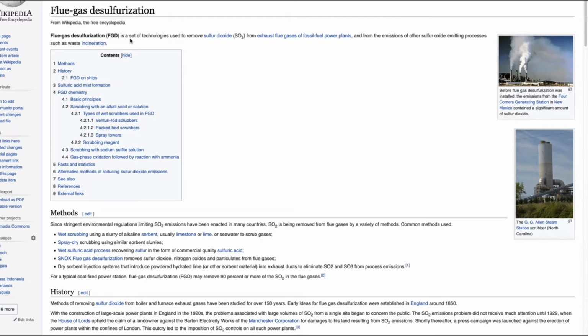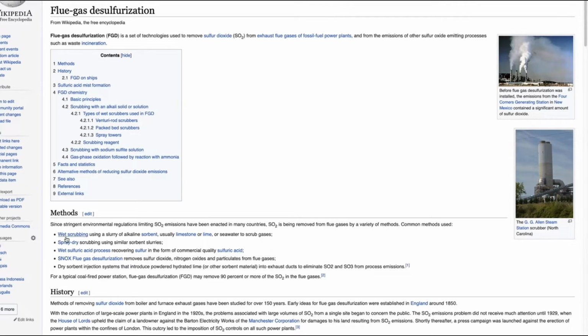Flue gas desulfurization is a set of technologies used to remove sulfur dioxide, SO2, from exhaust flue gases of fossil fuel power plants. Imagine the combustion of fossil fuel produces sulfur dioxide, so we want to remove sulfur dioxide from the exhaust, and from the emissions of other sulfur oxide emitting processes, such as waste incinerations.